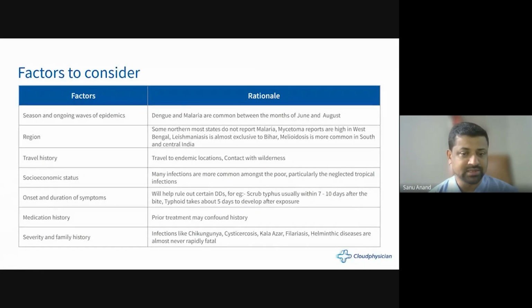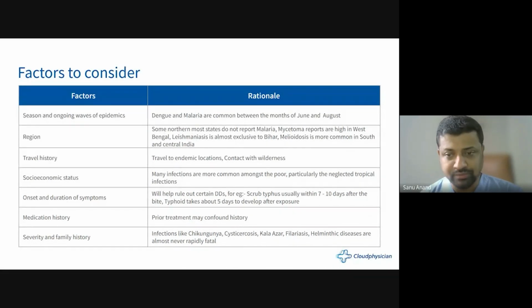One example is scrub typhus. Somebody traveled to the wilderness 3 days ago and has now suddenly come with an acute febrile illness, acute kidney injury and encephalitis. Scrub typhus, for example, takes about 7 to 10 days after a bite to actually develop. So that's good to have that insight.